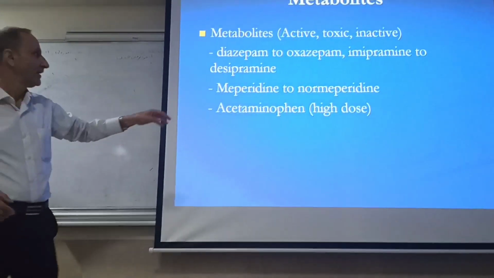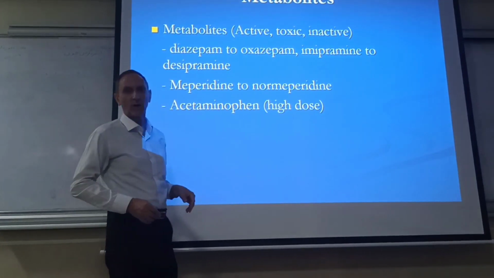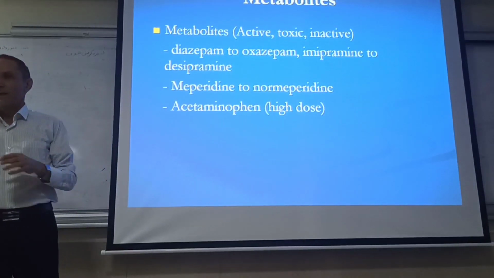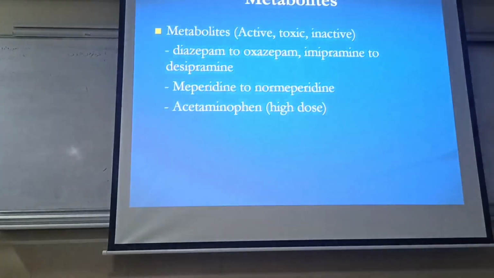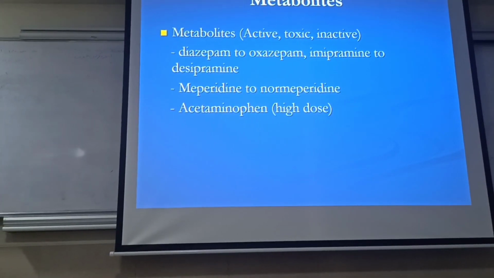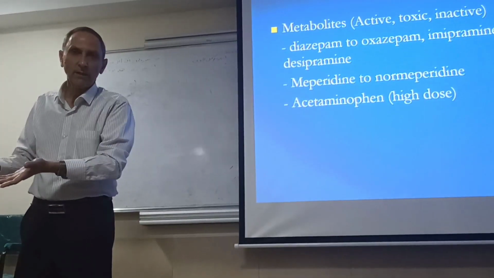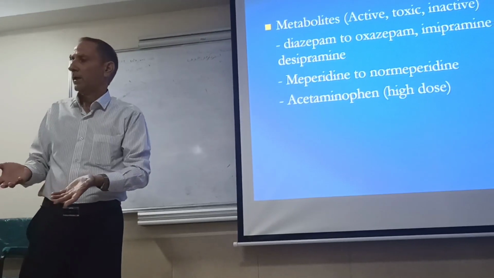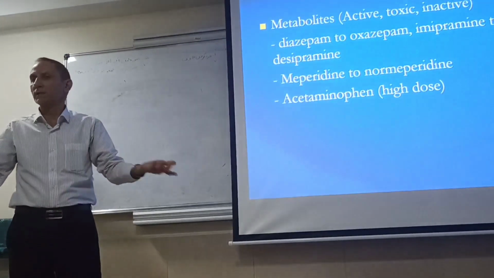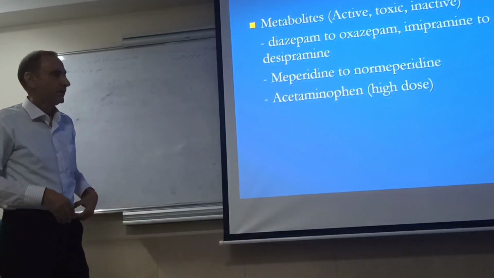So we say that this is an active metabolite of imipramine. In the blood, you may have several metabolites for a drug. Some may be active, some toxic, some inactive. And in some cases, all the metabolites may be inactive. It depends on the drug.